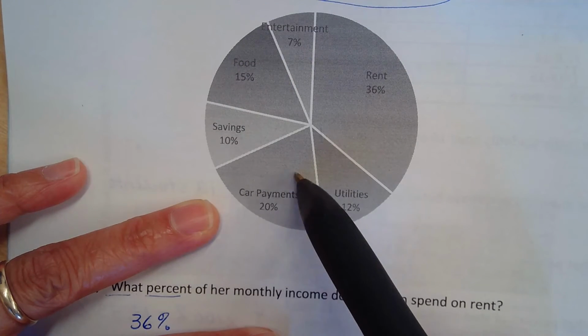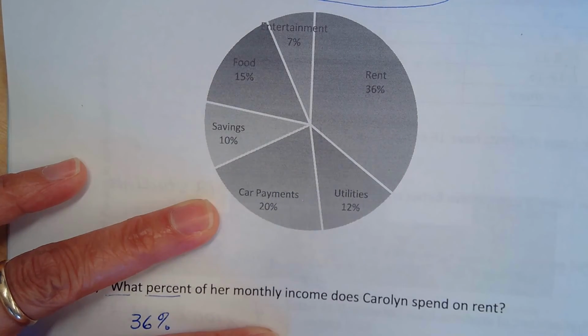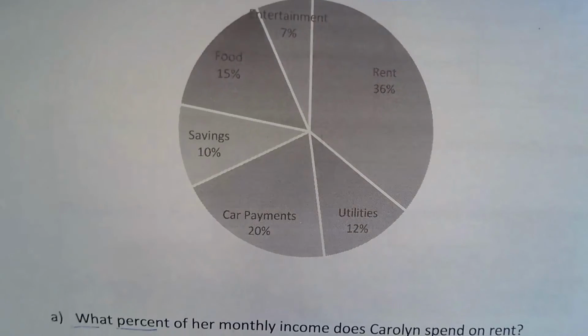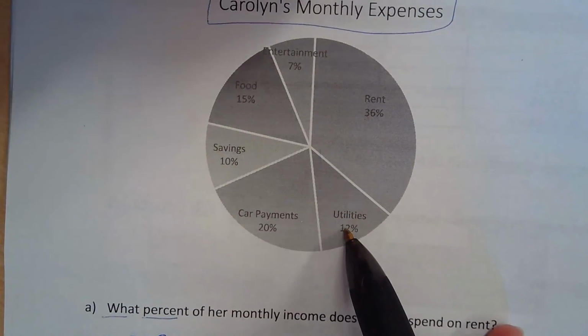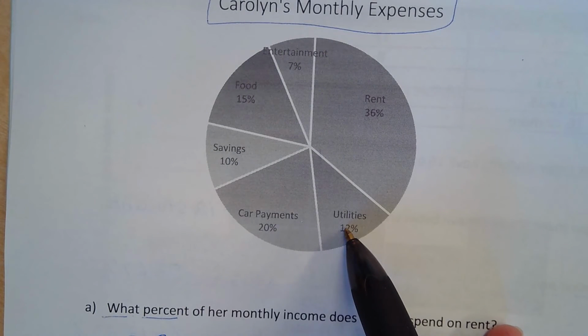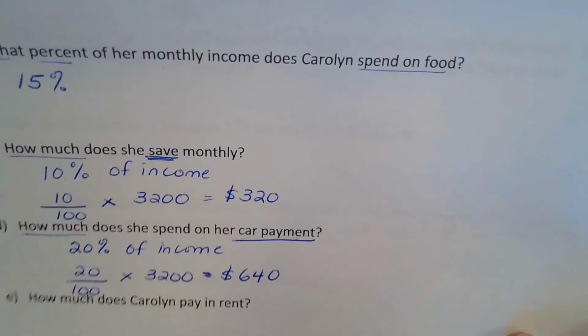So I'm thinking maybe it's a lump sum for the car, anything that's car related payments. Because utilities, when you think about utilities, I'm thinking heat, water, electricity, right? Maybe cable, maybe internet, bills.